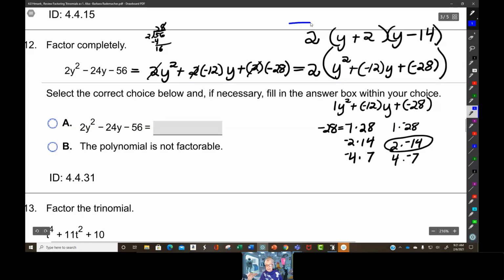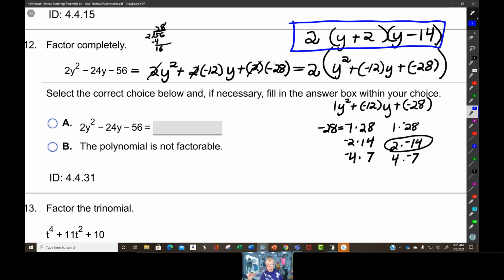Now, this is the answer. You can't forget your 2. I almost did. And again, that's the most common mistake, so be careful. 2, parentheses y plus 2, parentheses y minus 14.